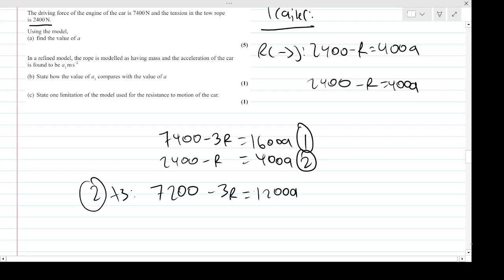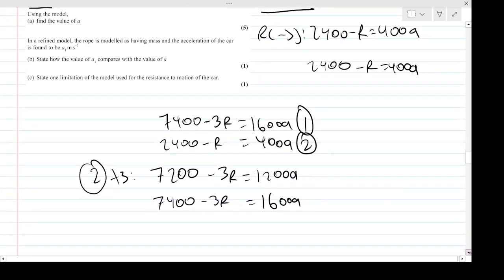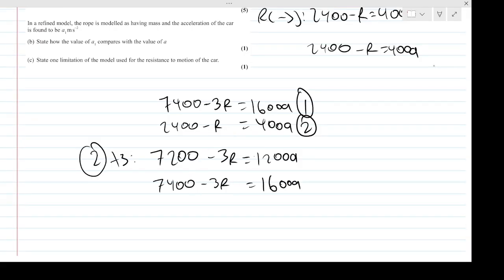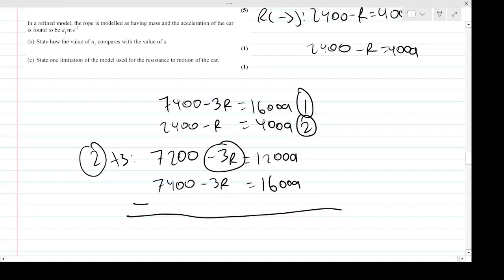Now if I restate the first equation, 7,400 take away 3R is 1,600A. How can I get rid of the R here? Well, I can take them away, right? Because then if I have minus 3R, take away minus 3R, that's a double negative. I essentially then add 3R. Minus 3R, add 3R goes to 0.